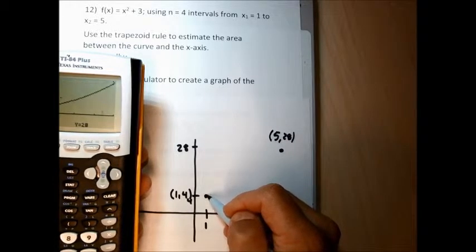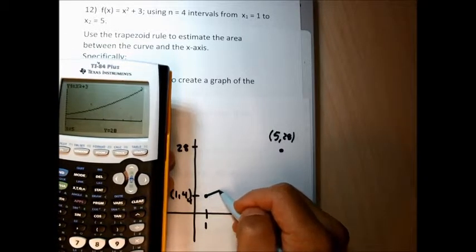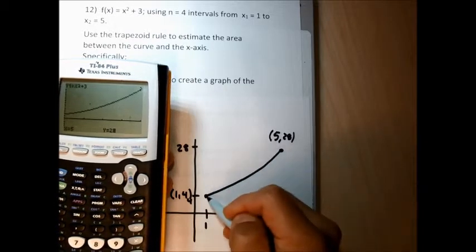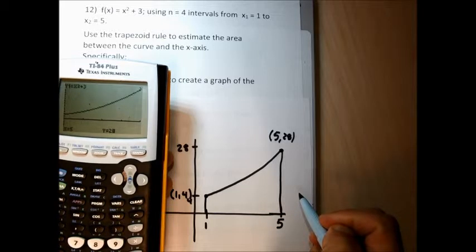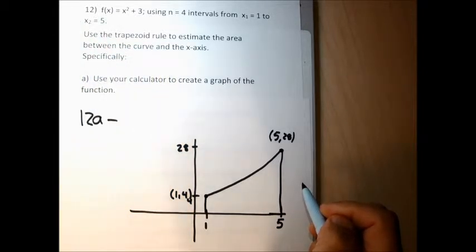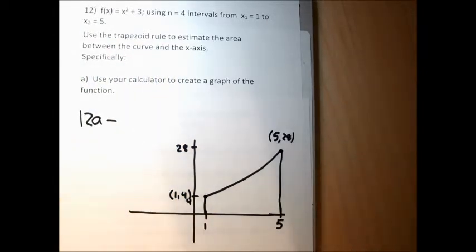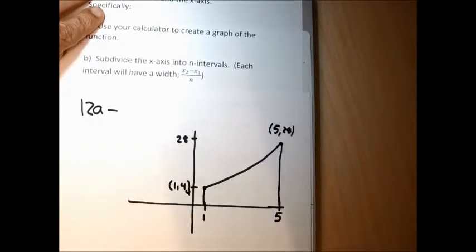And so this is kind of the graph. I know I'm going to draw this down here and this down here. This is the beginnings of my work. So that's kind of part A. I've created the graph of the function that's going to help me.